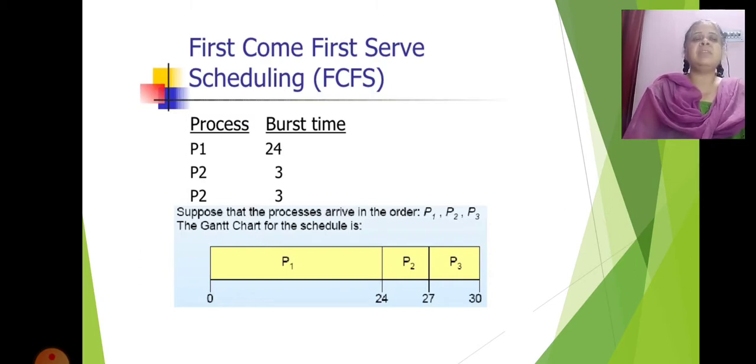The waiting time is 0 milliseconds for process P1, 24 milliseconds for process P2, 27 milliseconds for process P3.